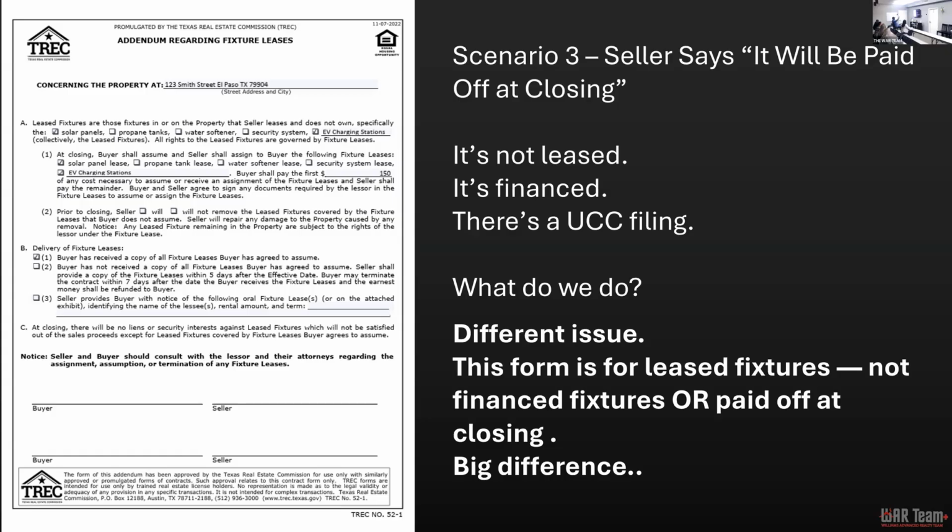Yeah, that's a whole different thing. We're not going to get into that today. But I just want to make sure the clear distinction. This is only for leased fixtures only. Okay. If this was scenario, yeah, there's other things you need to do for that. And we'll keep that one for next Friday forums. Okay.